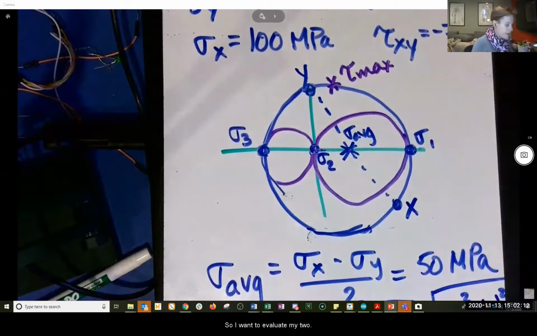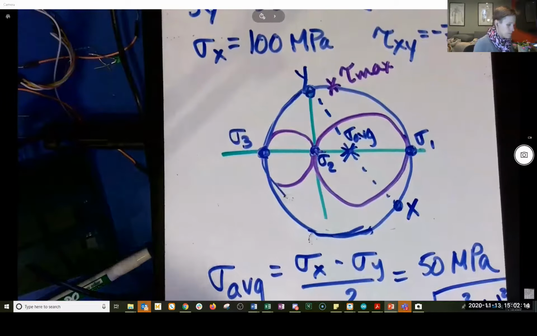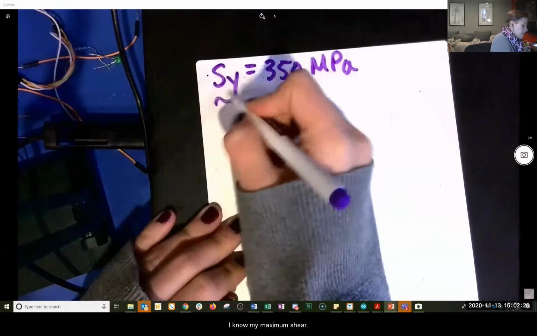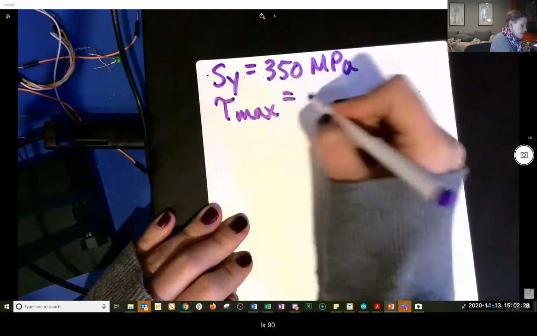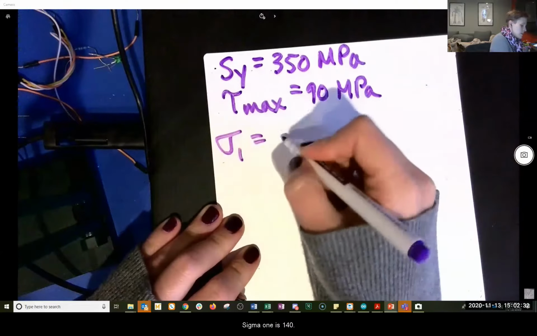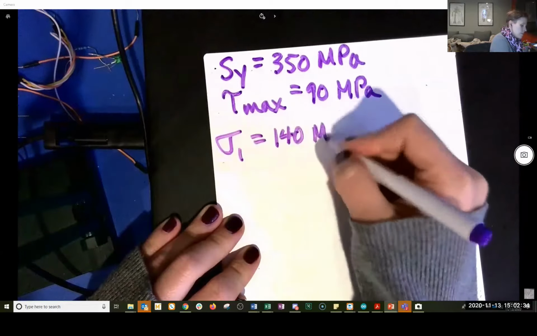So I want to evaluate my 2 factors of safety. So I know my yield strength is 350. I know my maximum tau is 90. I know sigma 1 is 140.